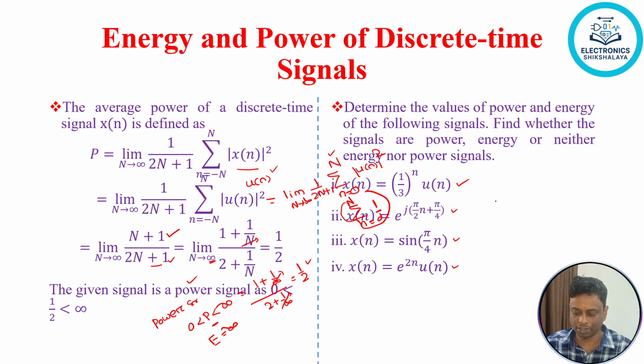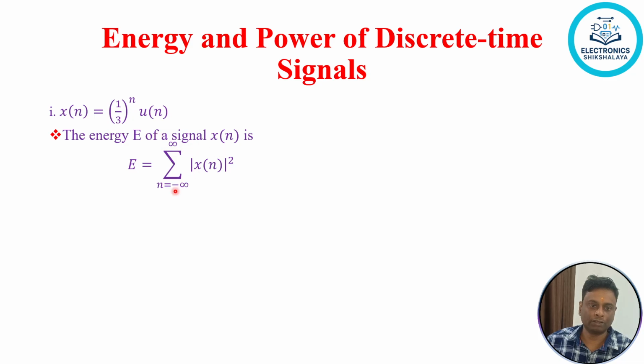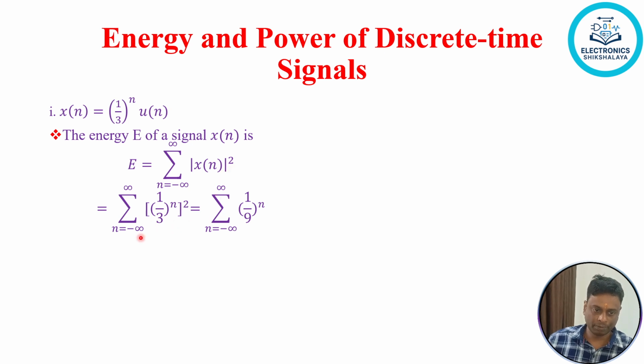First one is here, you can see x of n equal to 1 upon 3 to the power n, u of n. Now what is the energy of a signal? The energy of a signal is the summation from minus infinity to infinity of x of n square. So let us put it over here. Summation of n equal to minus infinity, with x of n equal to 1 upon 3 to the power n, u of n. So u of n equal to 1, so you can write over here 0 to infinity.